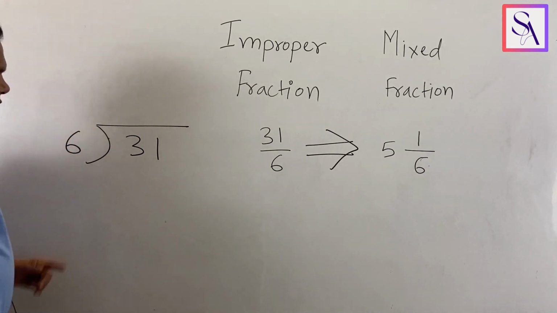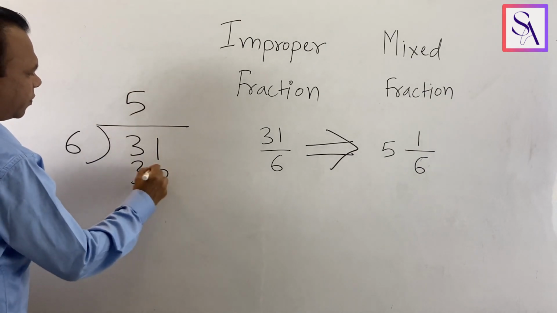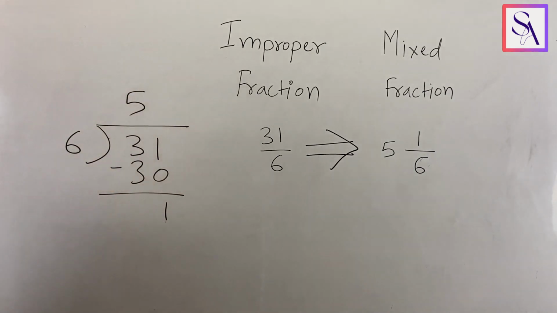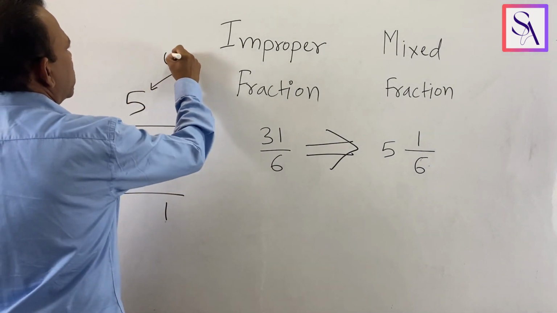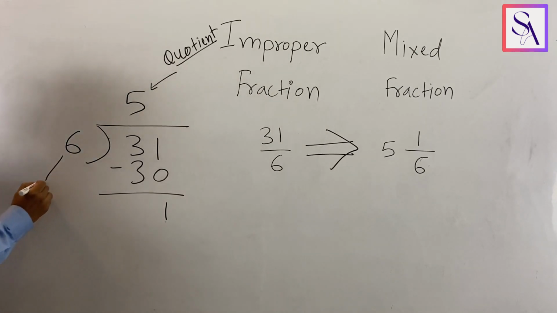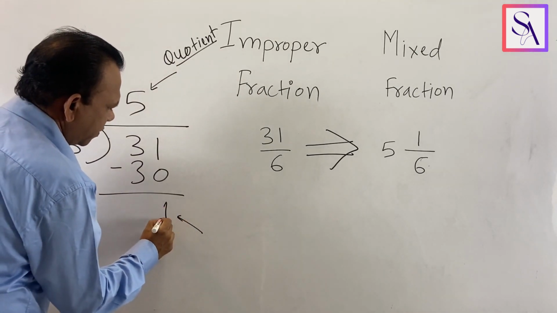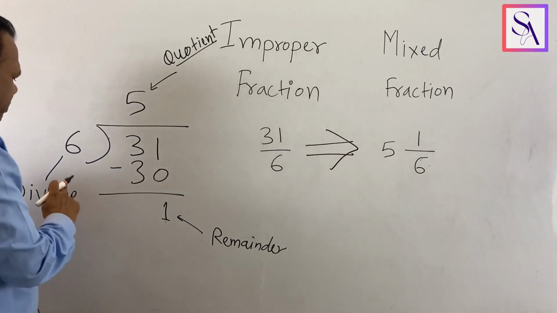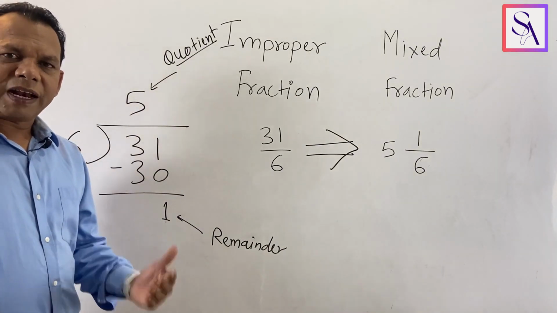So how do we do this division? 6 5s are 30, subtraction, 1 carry. So this is our division. We know that this is called quotient and this is divisor, and 1 is the remainder. We have learned this in previous classes, right?